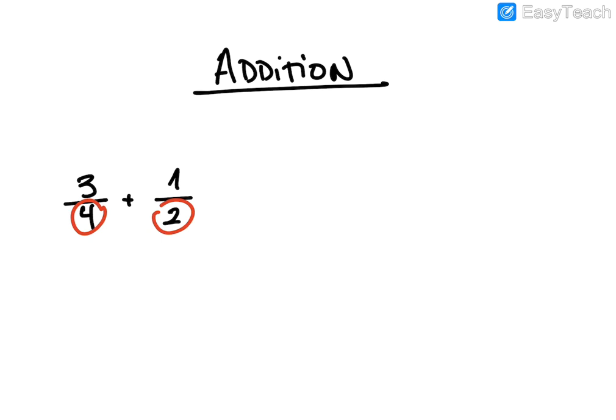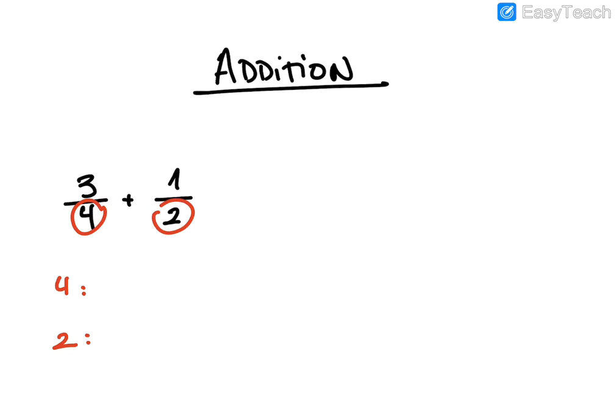We can do it in two different ways, but I think the way that I'm going to explain is the easiest. So we are going to take these two numbers, 4 and 2, and we are going to see the multiples of these two numbers.